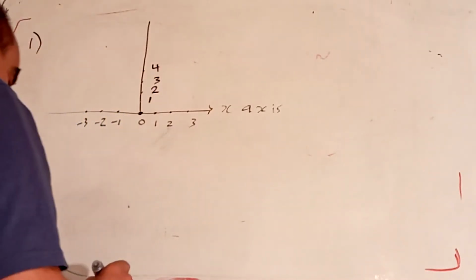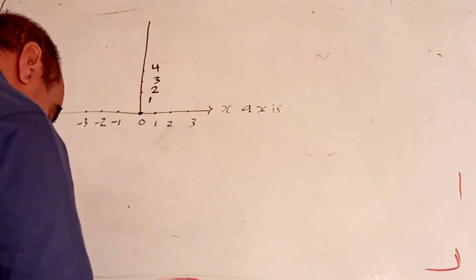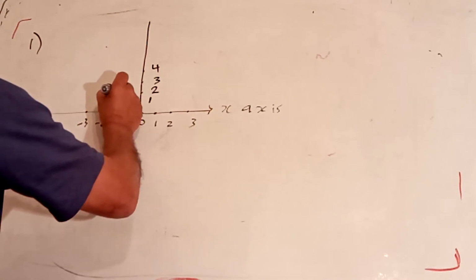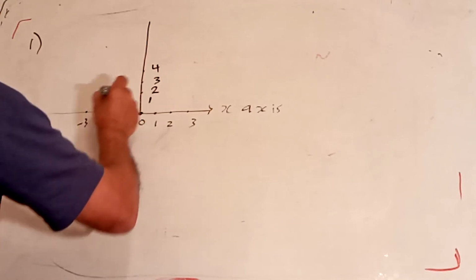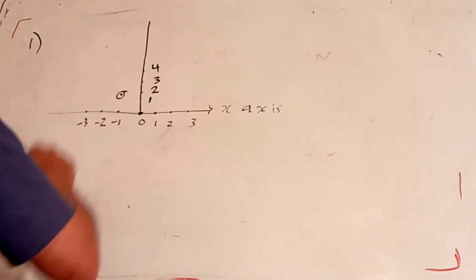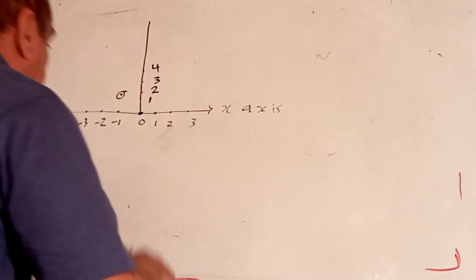The first point, look at this point, is -1 and 2. So this is the point. Let's check the other point. The other point is 0 and 3.